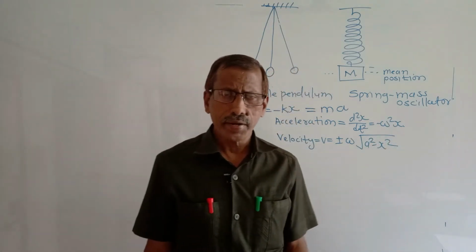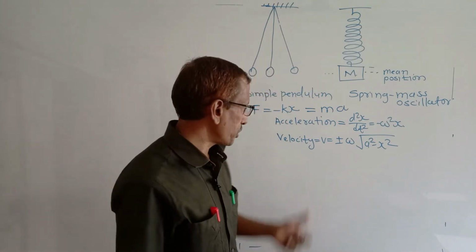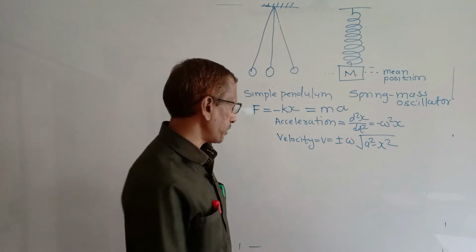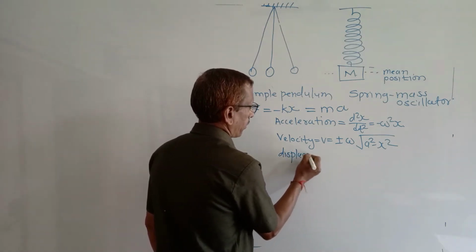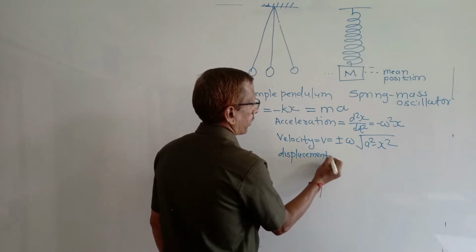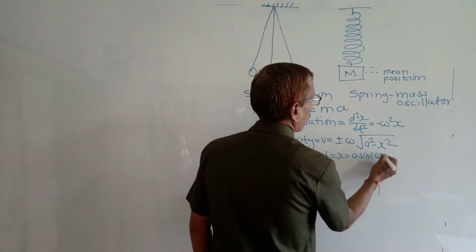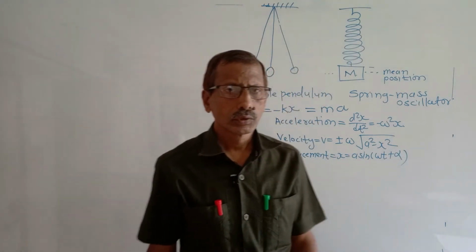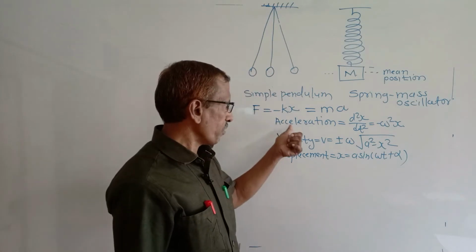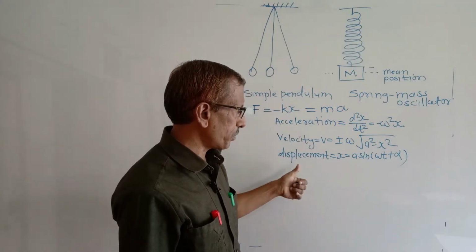Again we find the general expression for displacement in a linear SHM: x is equal to a sine of omega t plus alpha. So we find acceleration, velocity and displacement.